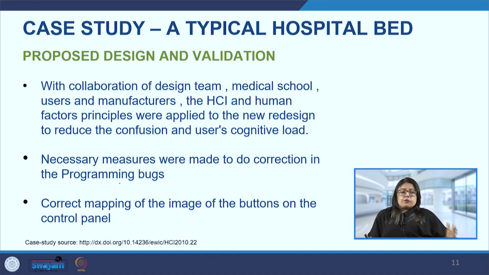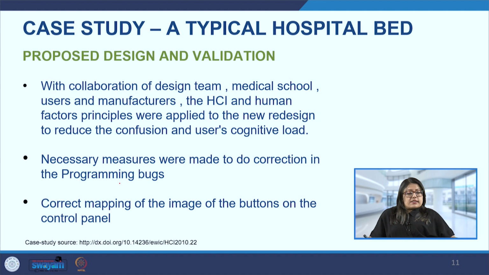So all of these met. This group work took place with all of these people, and a new design was created to reduce the confusion and to lower the cognitive load on the user.